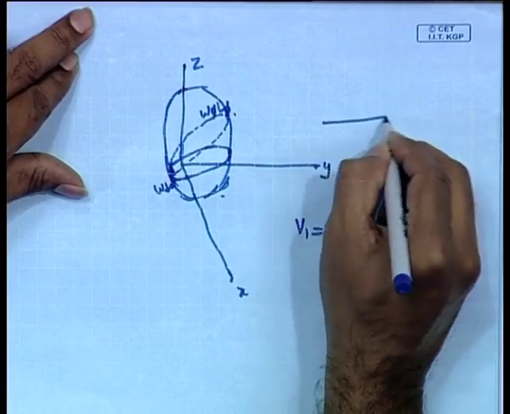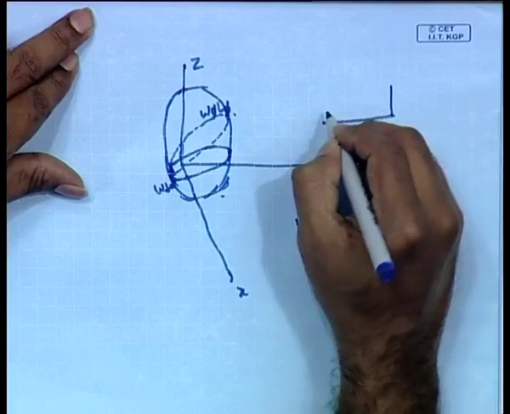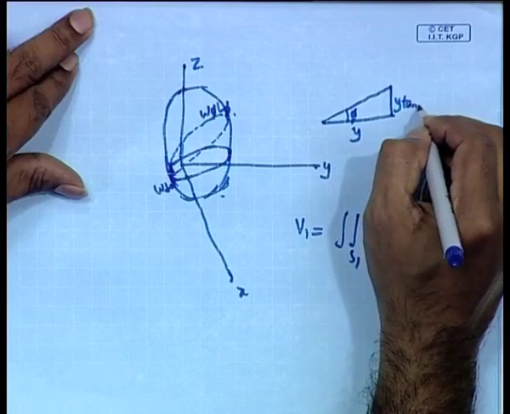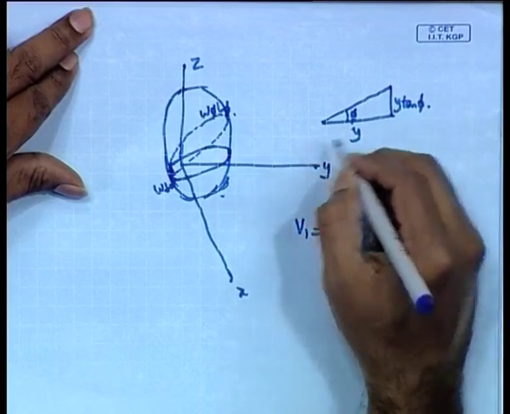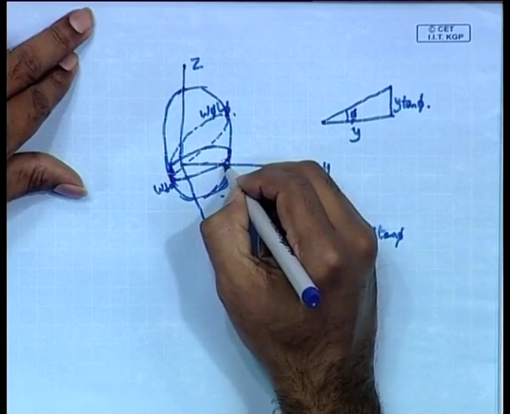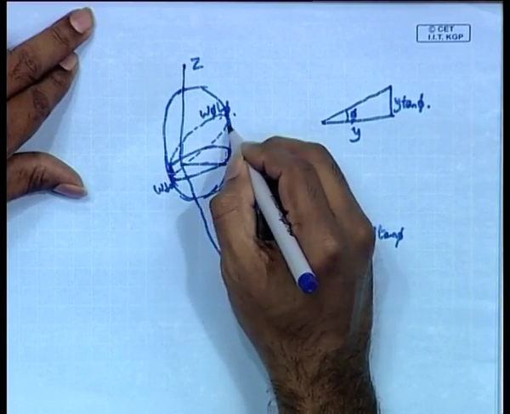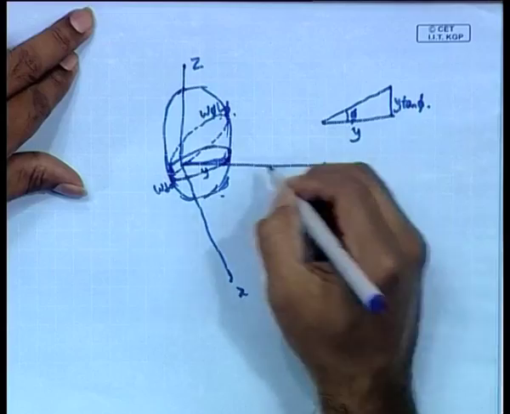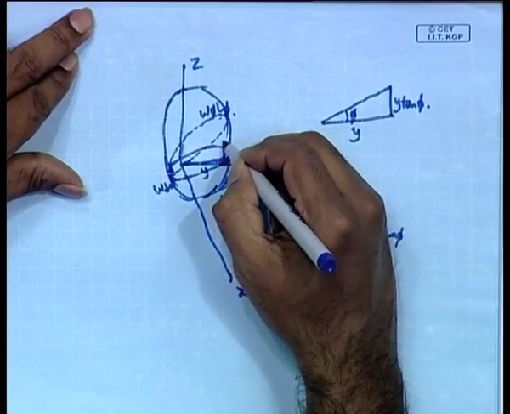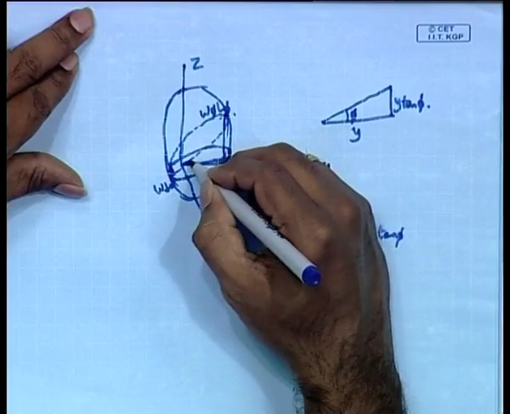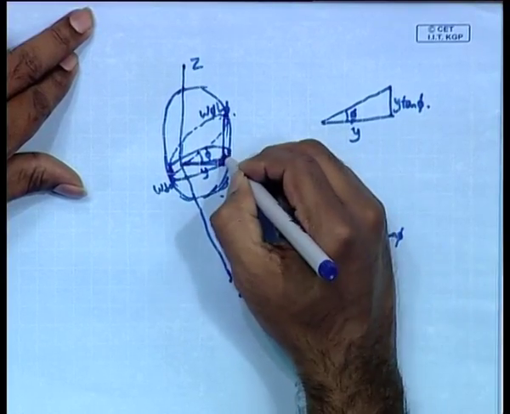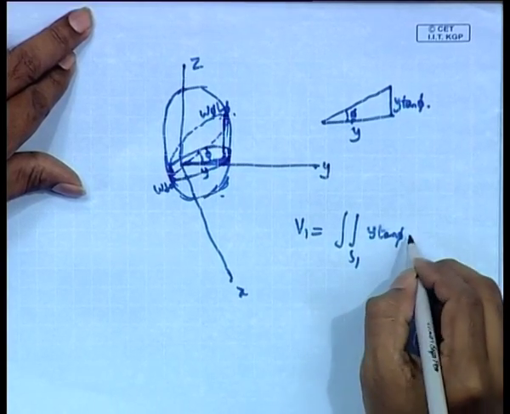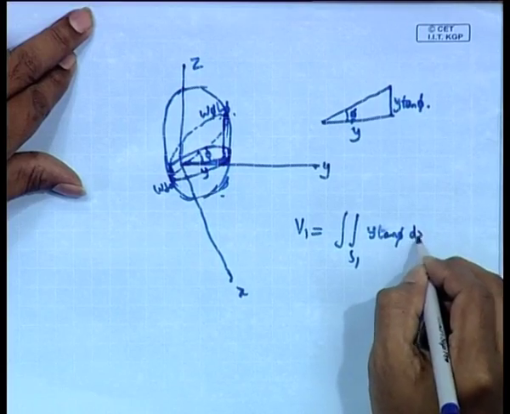That is because if this is y, z, and this is phi, this is y tan phi. It is in the y direction, and if it is heeled by an angle phi, this is y tan phi. So the volume is y tan phi dx dy.